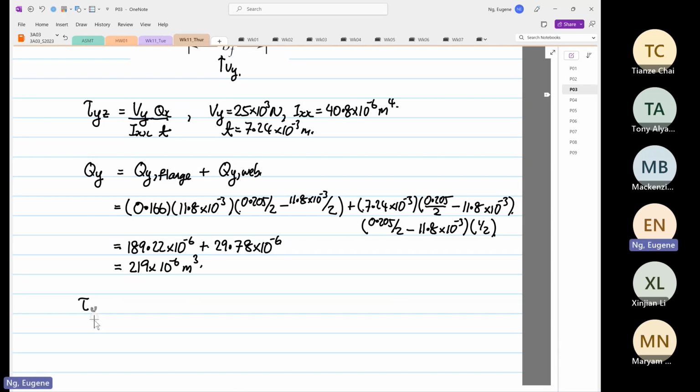So from here we can immediately calculate our shear YZ. So Vy, 25 power 3, times 219, divided by 40.8, and then the thickness is 7.24.